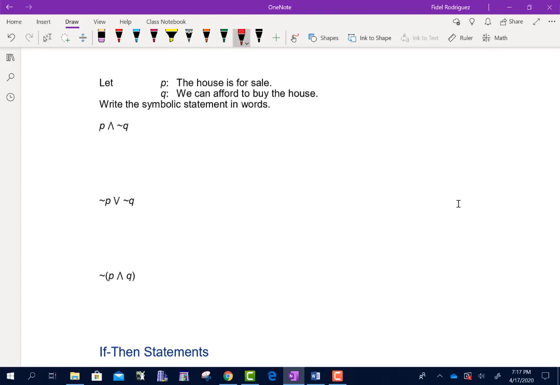Okay, so look what the first thing we have, P. P is the house is for sale. Okay, this little symbol means and, so I'm going to put it right here.